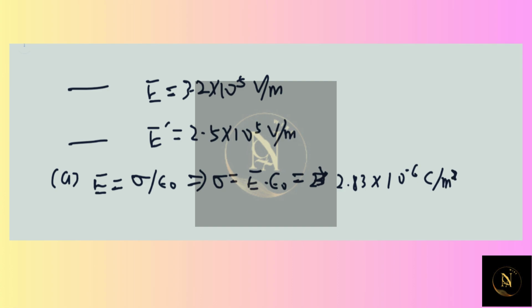But after we insert this material, we have E prime right here, right? So we have sigma prime equals E prime times epsilon naught. This gives us 2.21 times 10 to the negative 6 coulomb per meter squared. So the charge density on the dielectric is simply the difference between sigma and sigma prime.